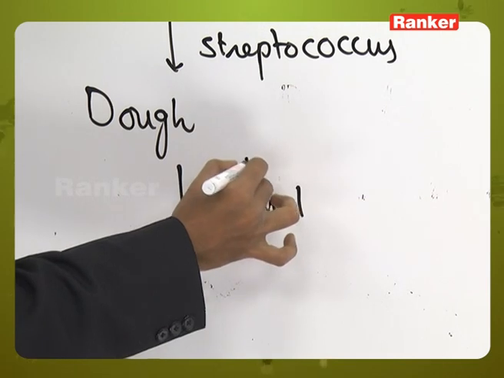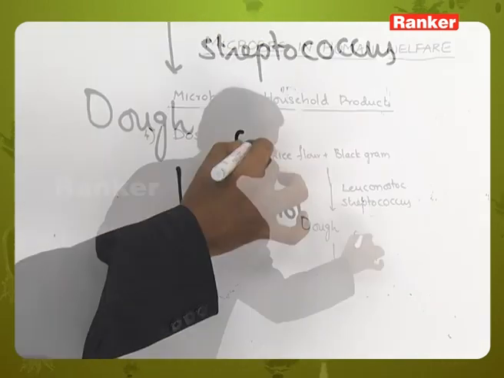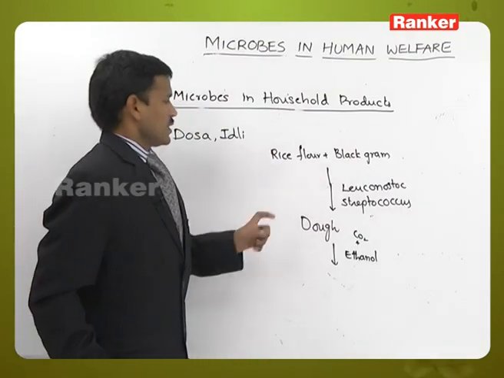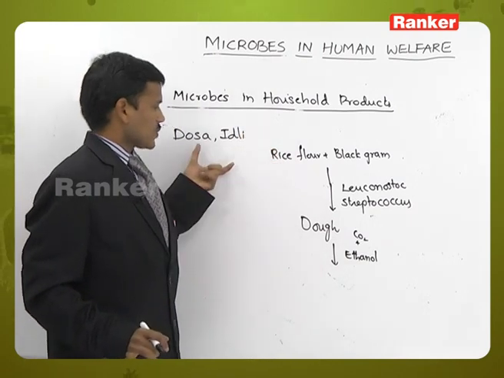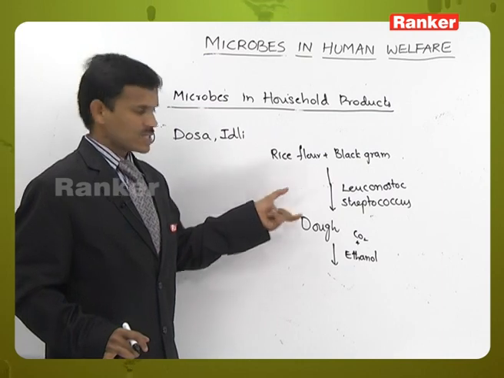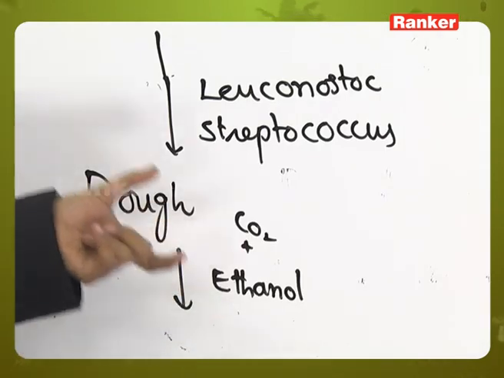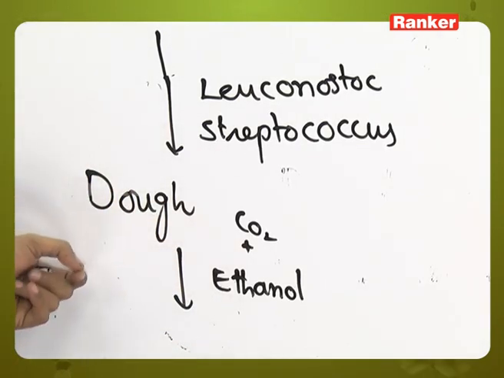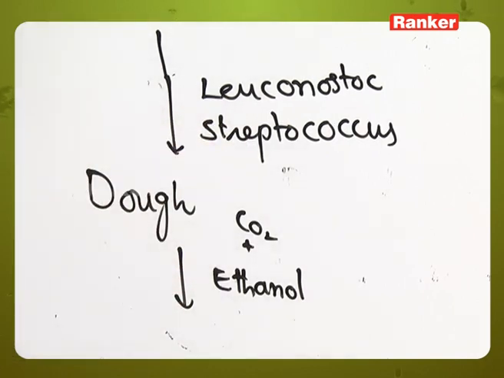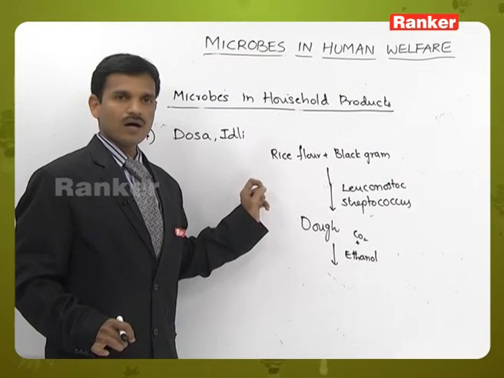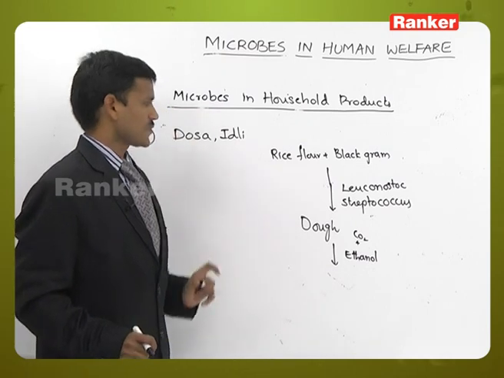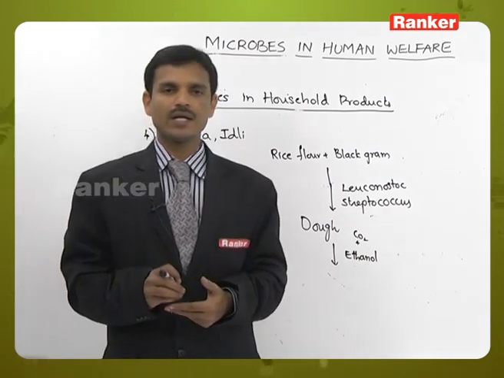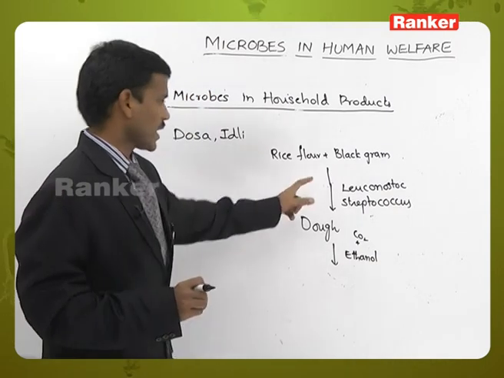So, in the fermentation process, carbon dioxide and ethanol both are produced. In the cooking process, carbon dioxide is removed, and a slight amount of ethanol or alcoholic substances is present in the flour. So, dosa and idli are fermented products made by these bacteria.